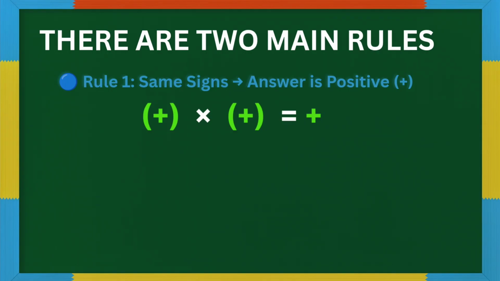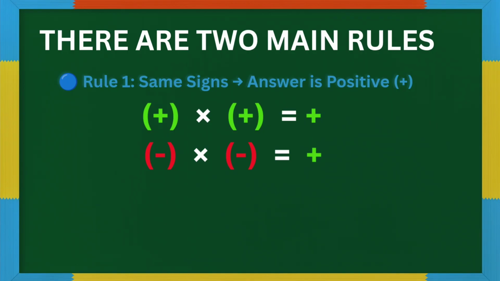We can say that plus into plus is equal to plus. The second rule is when you multiply a negative number with another negative number, the answer is also always positive. We can say that minus into minus is equal to plus.